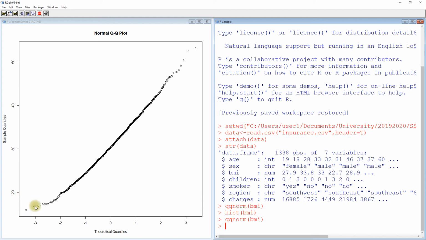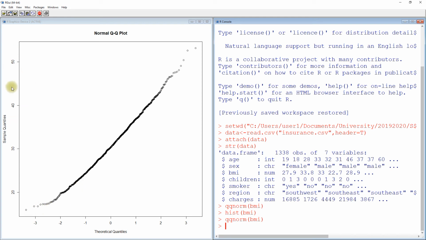This is why you can't just look at a 45-degree line, because the scale is different. It depends on the scale of the data that you have. You see clearly that the data is BMI, you have values like 30, and so on. This is why you have quantiles from around 20 to 50. It is important to understand that you can't just look at an absolute 45-degree line to confirm whether it is a normal distribution or not.